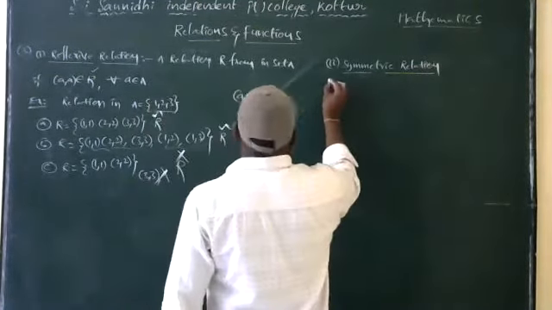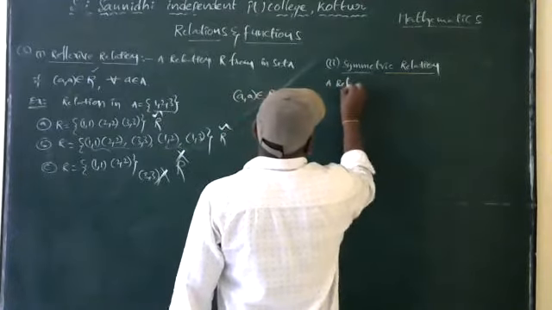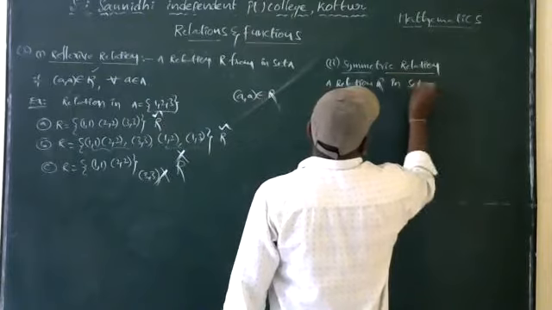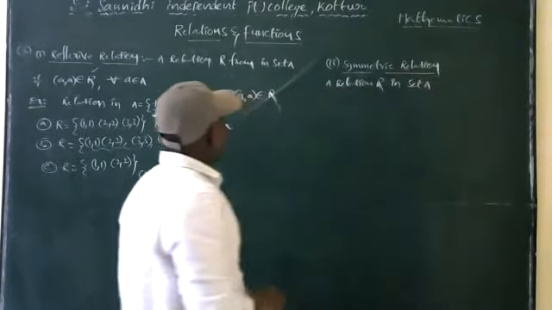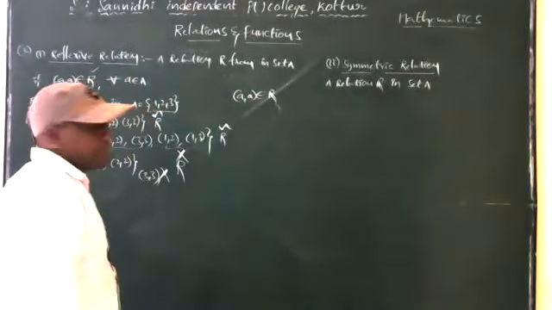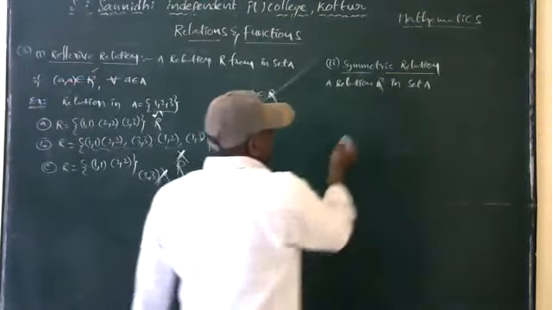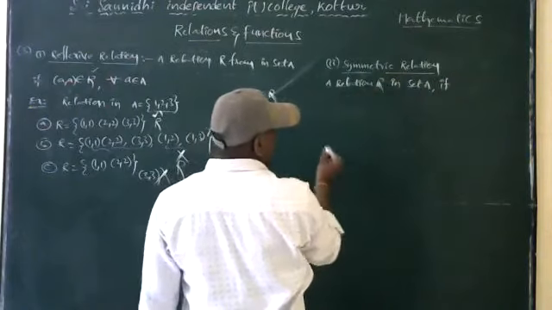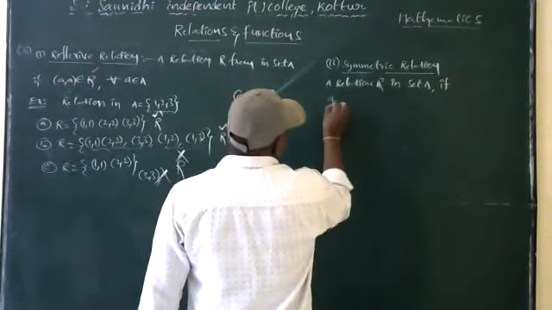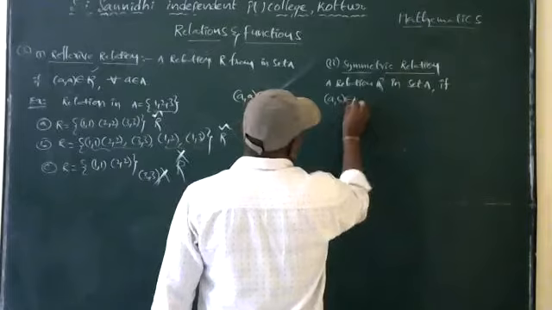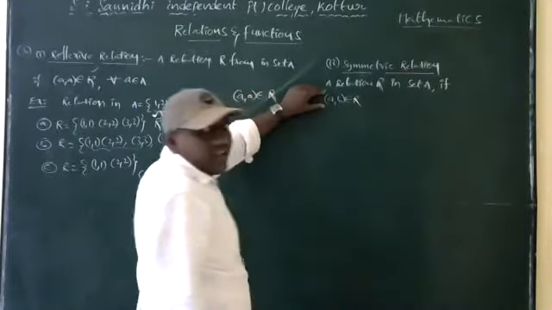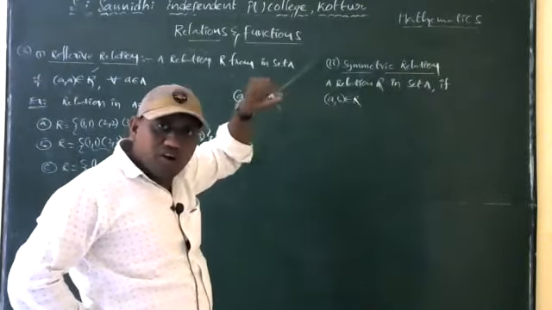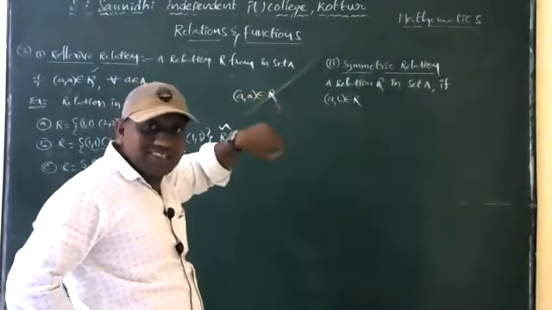A relation capital R in set A, the condition for symmetric is: A comma B belongs to R. Already one ordered pair A comma B belongs to the relation.